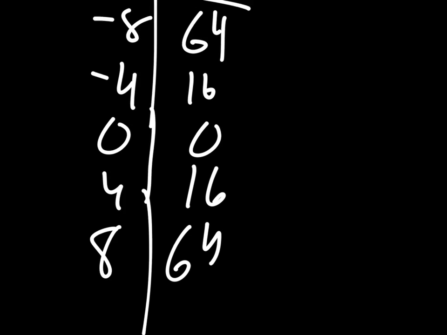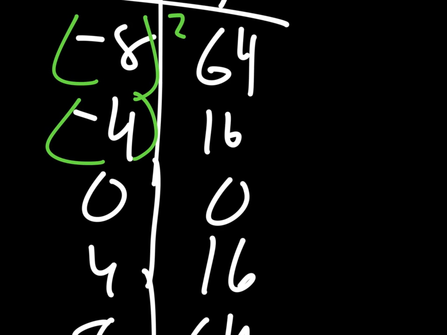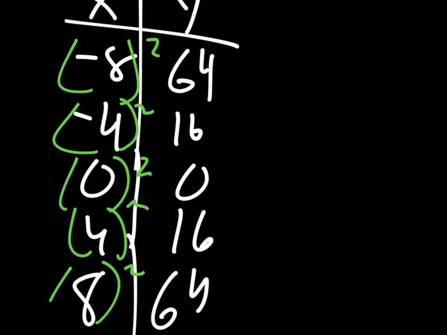All right. So basically, if you noticed before I did, you're basically multiplying all these by themselves. You multiply 0 times 0, you get 0. You multiply 4 times 4, you get 16. If you multiply 8 times 8, you get 64. And it's the exact same with its opposites, right? We know this.